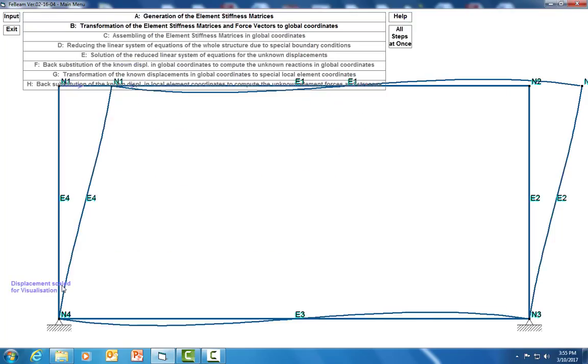And now we do step 2. Now we see also the undeformed structure and the deformed structure, what we saw before. And now we go for transformation of the element stiffness matrices and force vectors to global coordinates.